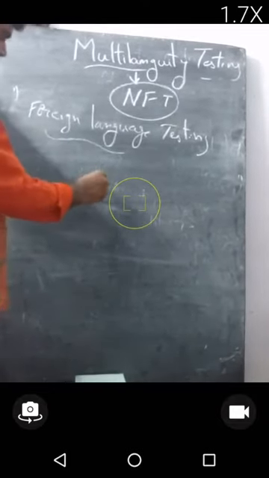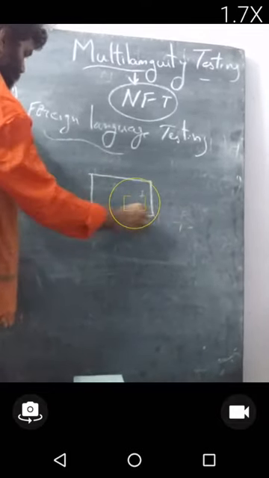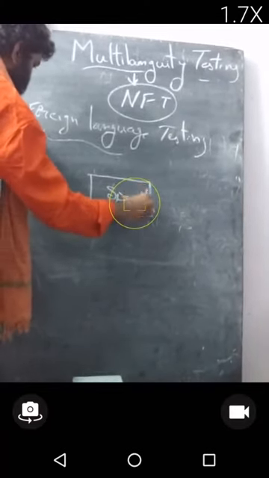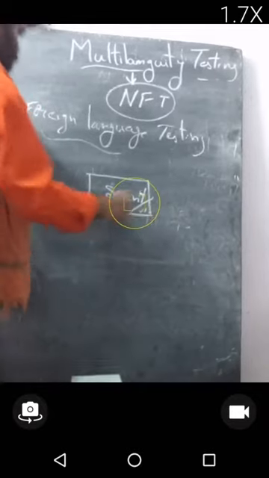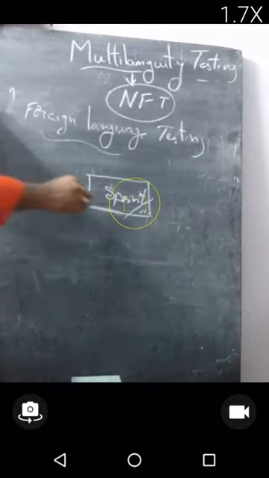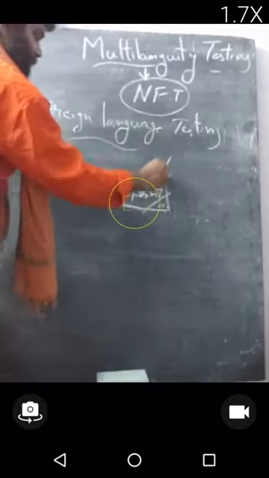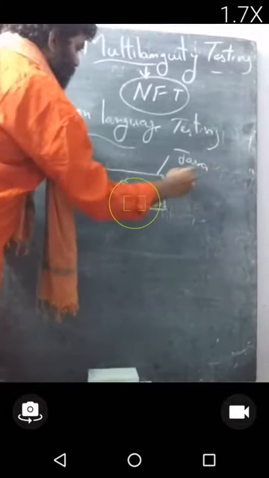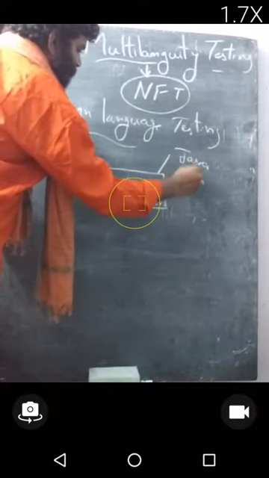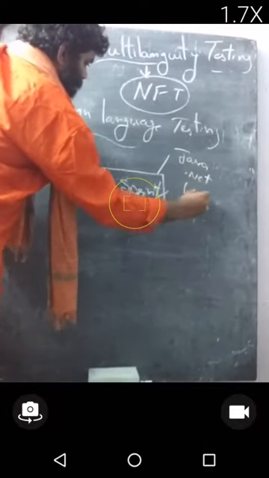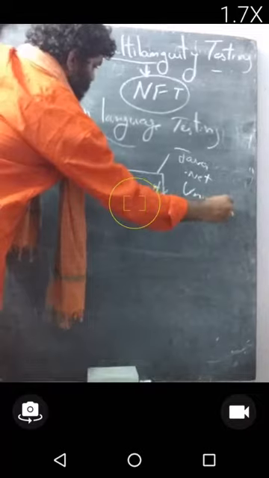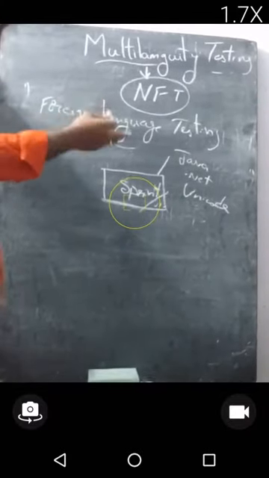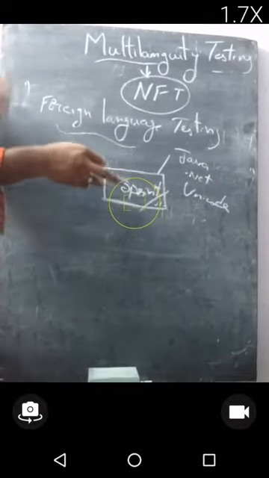Suppose our developed software, Sprint, is developed with languages like Java or .NET, Unicode.